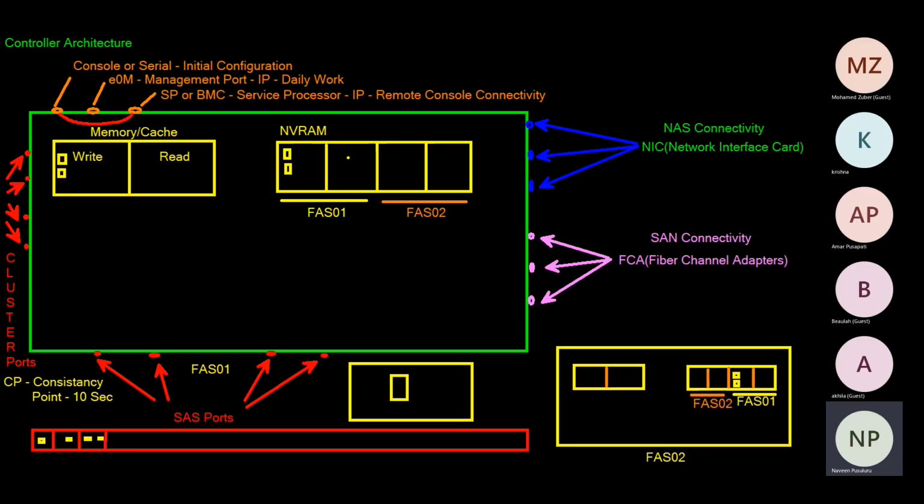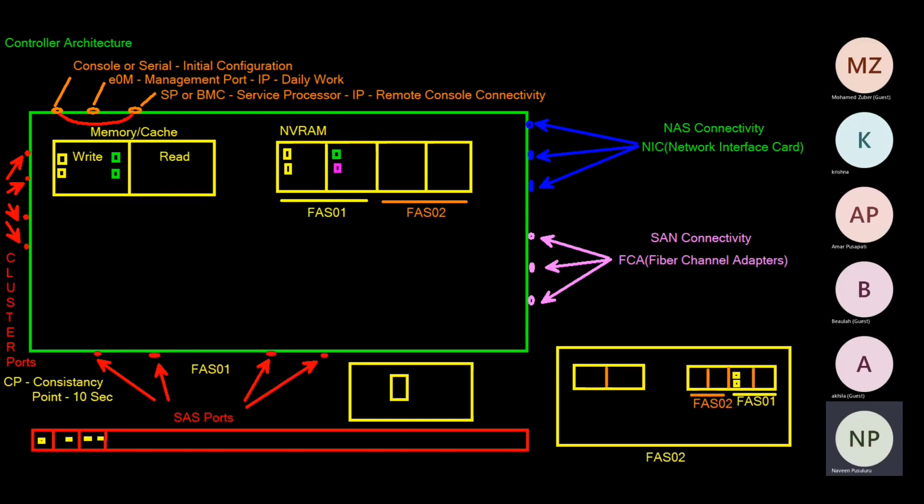And again, the same memory will work with the second part of the NVRAM and take requests from the client. So whatever data is coming into our controller will be saved into another free space of the memory and the other part of the NVRAM.